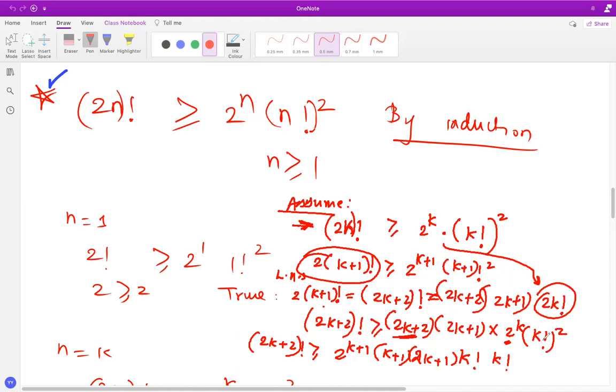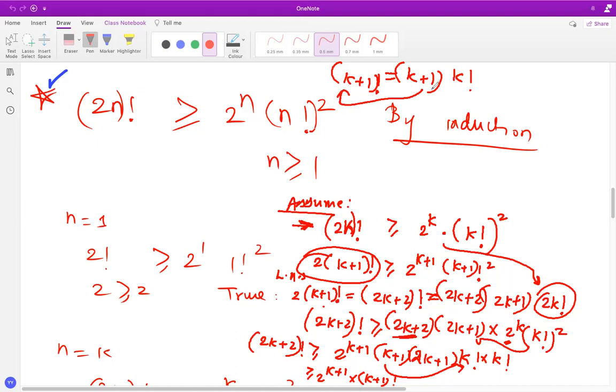I'm writing it twice so that I can make use of the inequality identity. So if I write k plus 1 times k!, it is 2^(k+1) as it is, times (k+1)!, because k plus 1 factorial can be written as (k+1) times k!. So you can go the reverse way as well, and this is the highlight of this question.